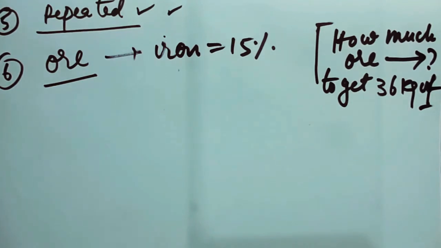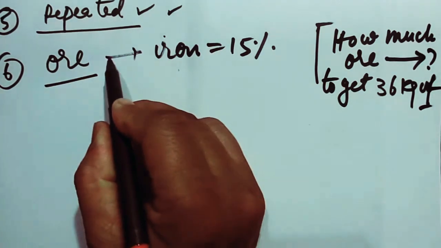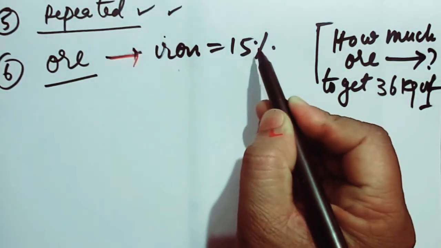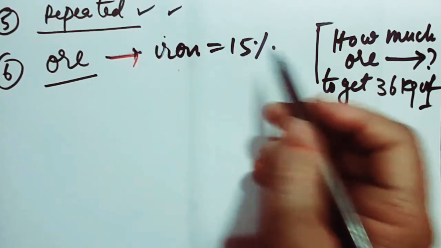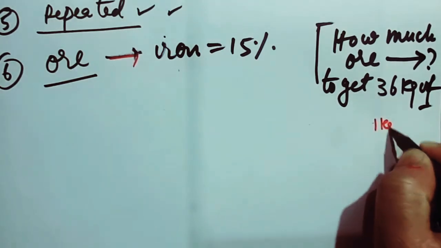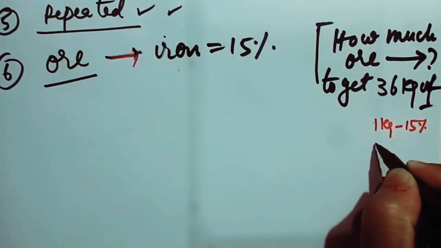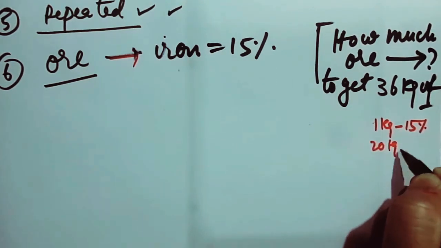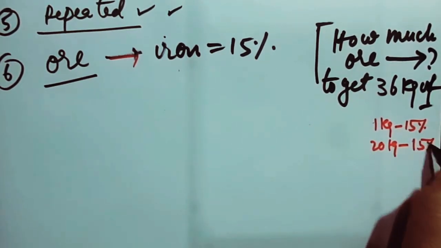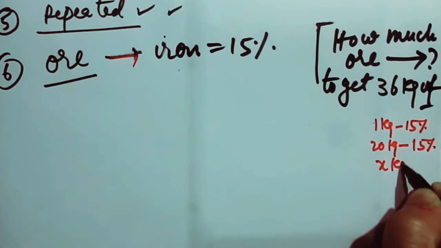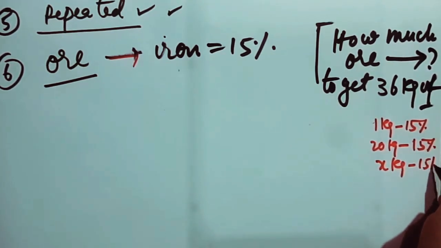Now, the most important thing is, when this ore contains 15% iron, this means in 1 kg also it will contain 15% only, and in 20 kg also it will contain 15%, in x kg also it will contain 15%.